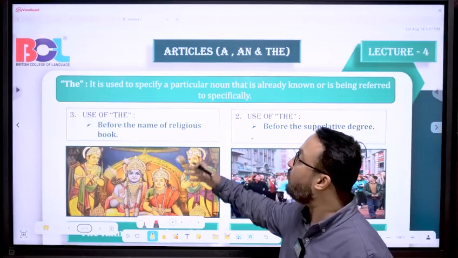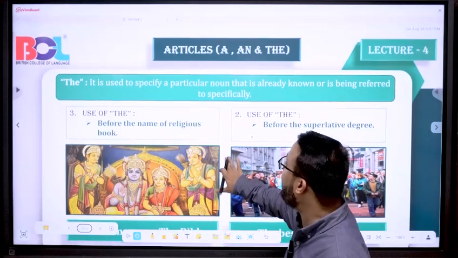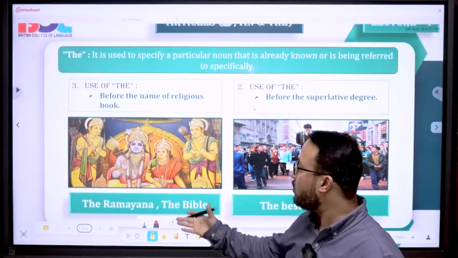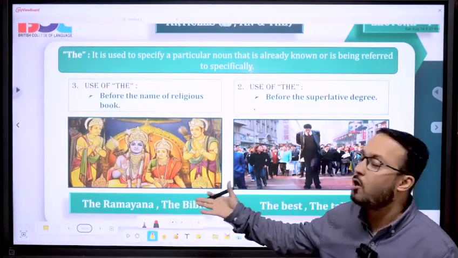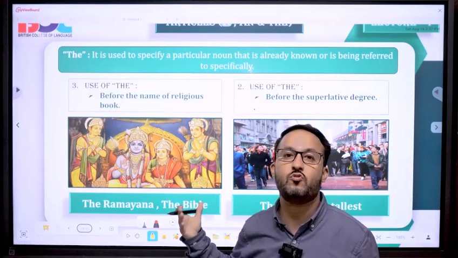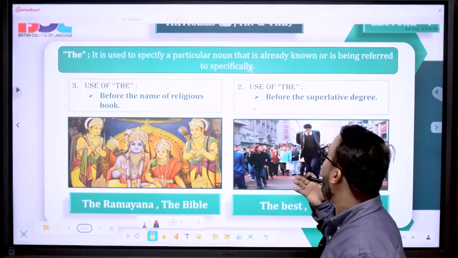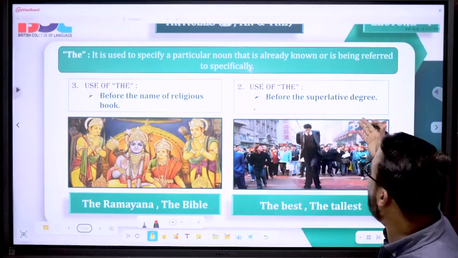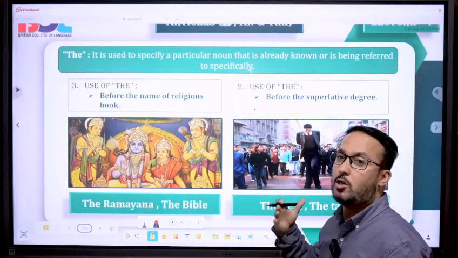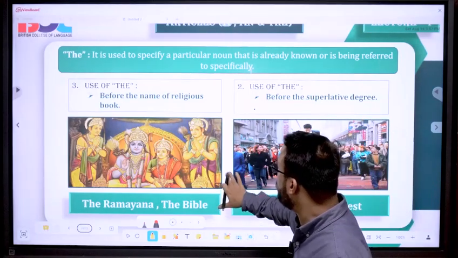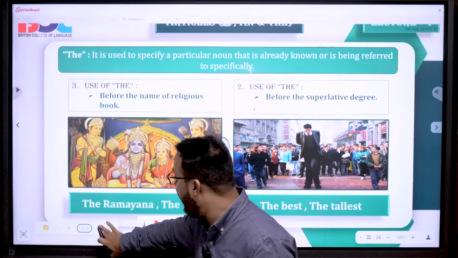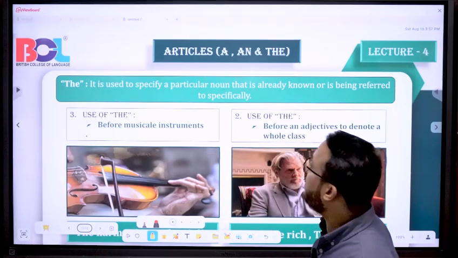Like before the names of religious books, they are also very influential and powerful. So the Ramayana, the Bible, the holy books, over there also we use "the", right? And before the superlative degree, we can also say the best, the tallest, in that case also we use "the", for unique and powerful things.